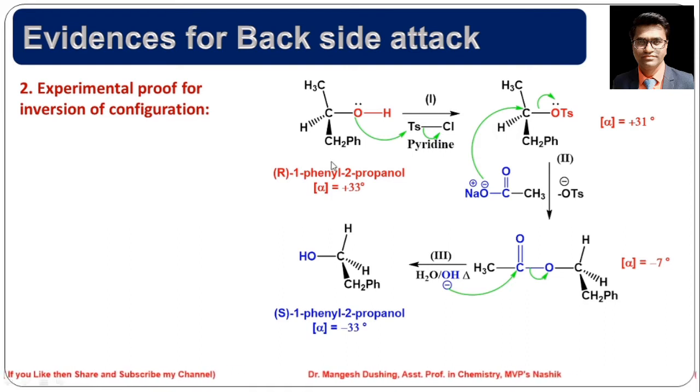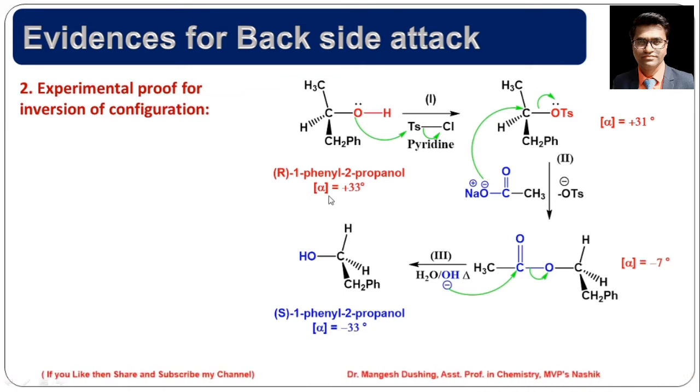The starting material, that is the substrate R-1-phenyl-2-propanol, has plus 33 specific rotation, while this one has minus 33 specific rotation. So the change in sign of the specific rotation indicates that these two molecules are enantiomers of each other, because the angle of rotation is the same, 33, but the signs are opposite.